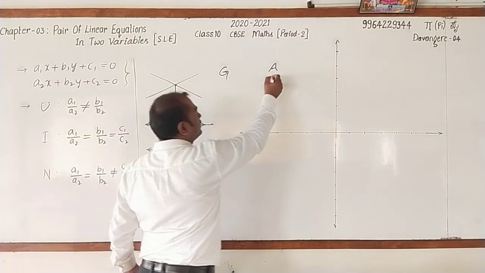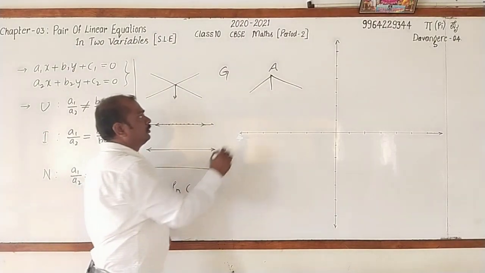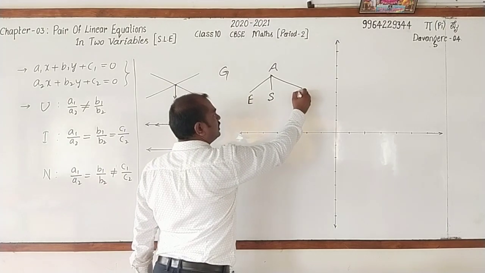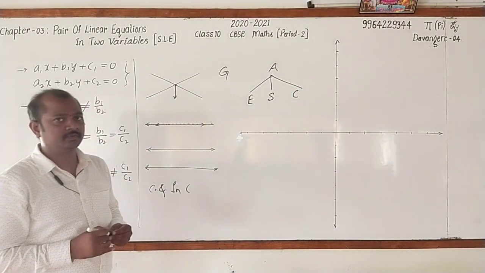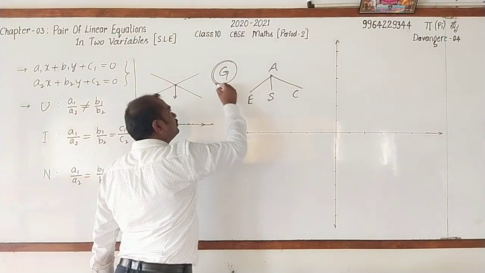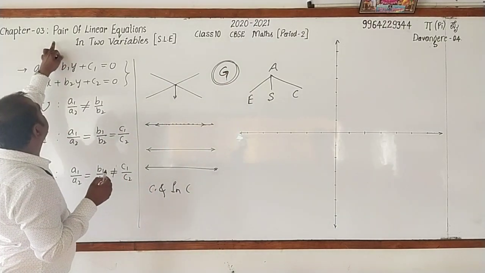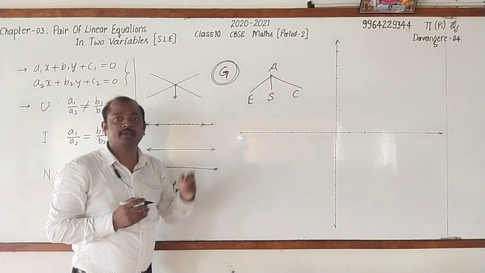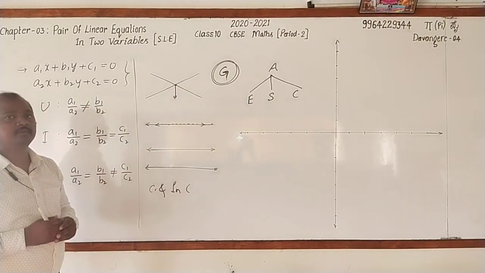Then in algebraic methods, we have three sub-methods: one is elimination, second one is substitution, and third one is cross multiplication. In today's class, first we are moving to solve the pair of linear equations in two variables by the graphical method. Okay? Let us start.